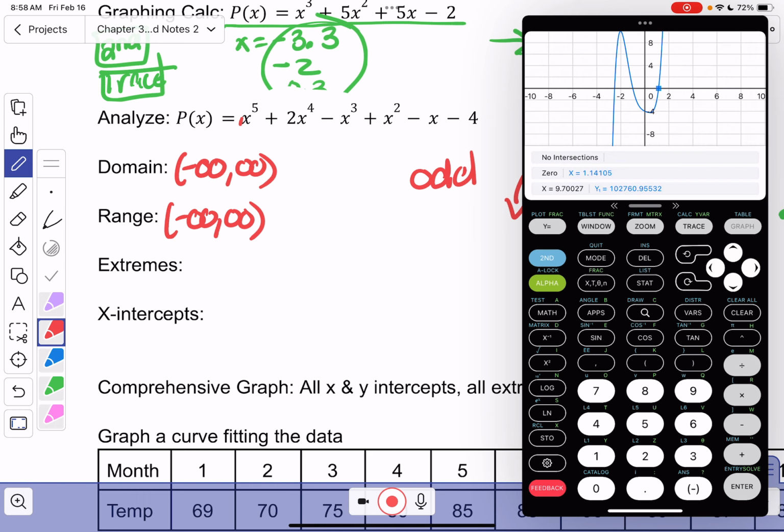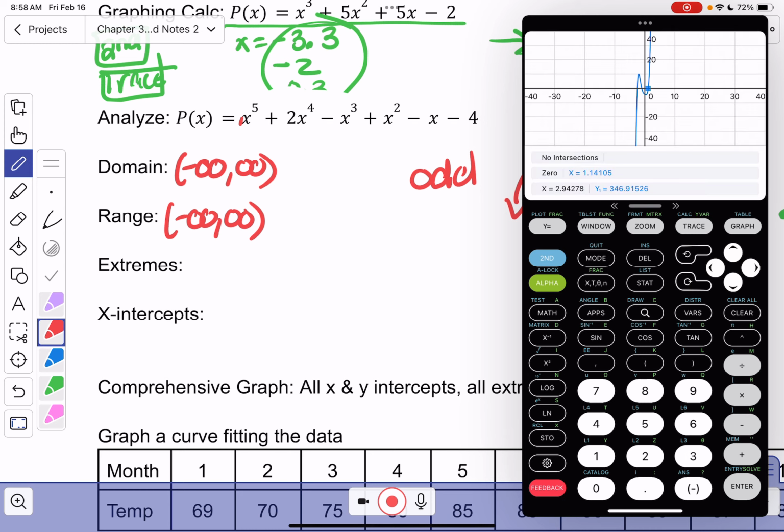Hit graph. So then we would look at this picture and we would be able to find our maximums and minimums using our second trace max and min. It goes up and down, so there's no absolutes, just the locals. And then we can find the x-intercepts using zeros. So that's what you're doing there.